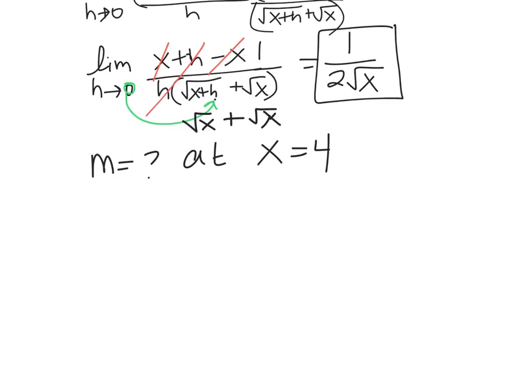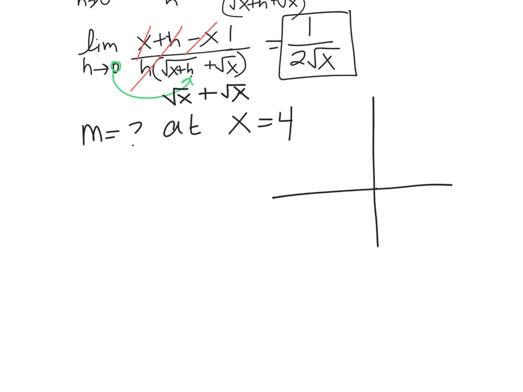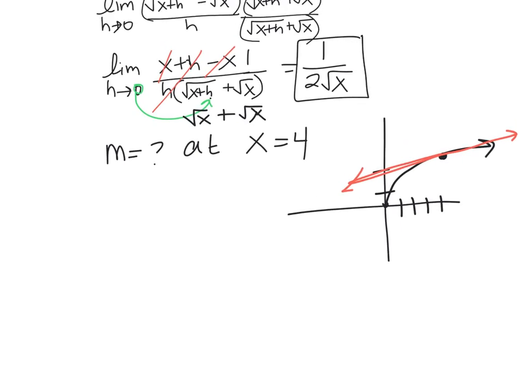So here's our original square root function, and at x equals 4, we're going to find the slope there. And then we're going to find the equation of that tangent line. Now that we have the formula, the derivative is the formula to find the slope at any point we want on this graph.